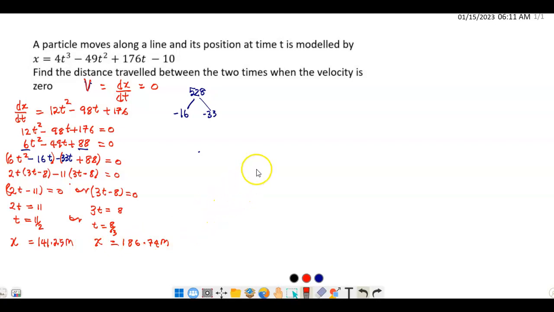So the difference is 186.74 minus 141.25, and that gives us 45.49 meters. And that would be the answer. 45.49 meters.